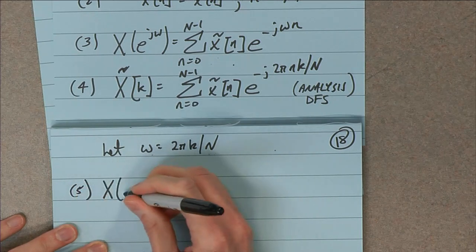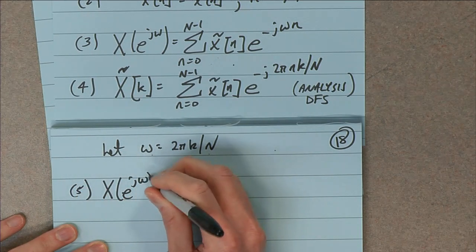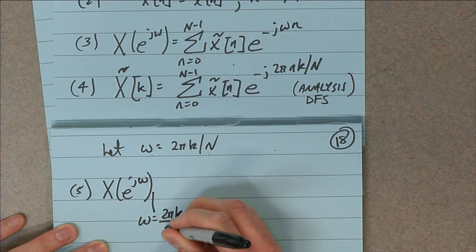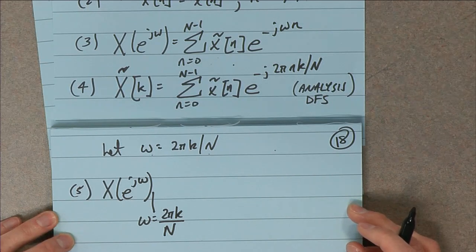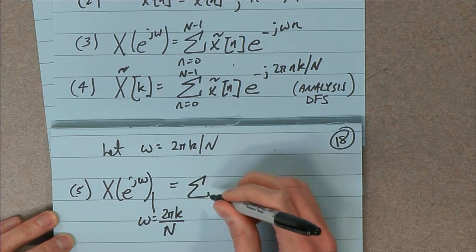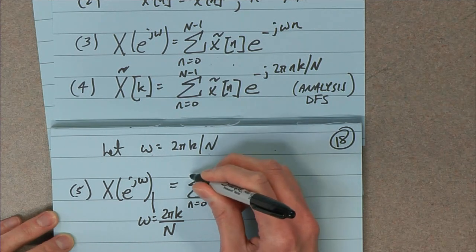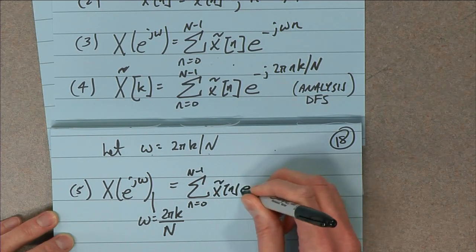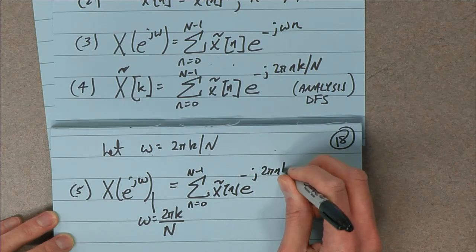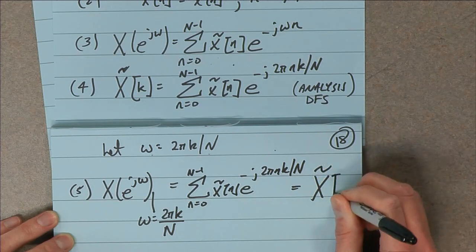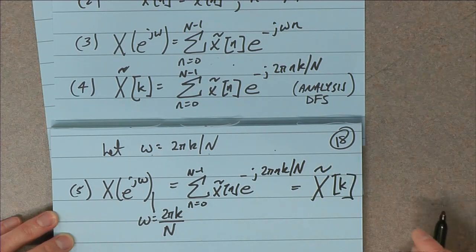And so we end up with X e to the j omega when omega is sampled versions, or k is going to be 0 to n minus 1. That is the same, right? X tilde of n e to the minus j 2 pi nk all over cap N, which is the same as that.